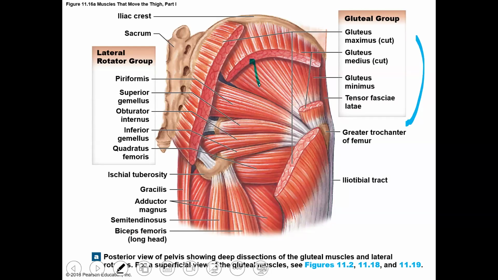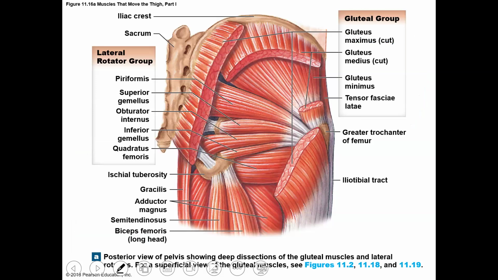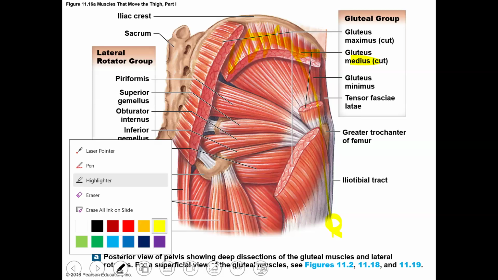So we can see, let me move that there. Okay. So the glute max right here has been cut away. Glute max, your major hip extensor, has been cut away. Glute med has also been cut away. It's going to attach down onto the greater trochanter of the femur.